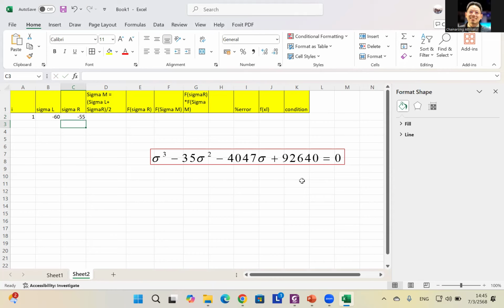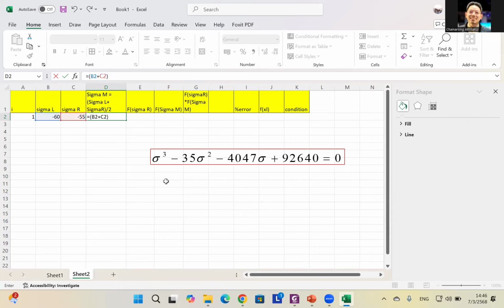Are you all right? Is it okay? And then this value should be what? Should be this value plus this one, divided by 2.